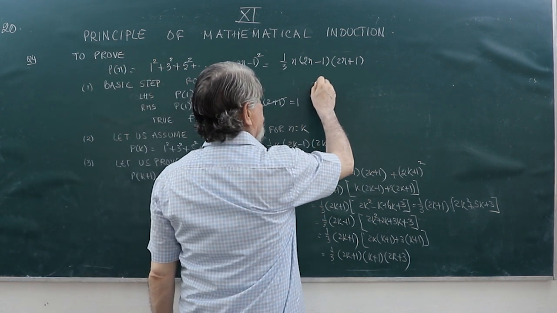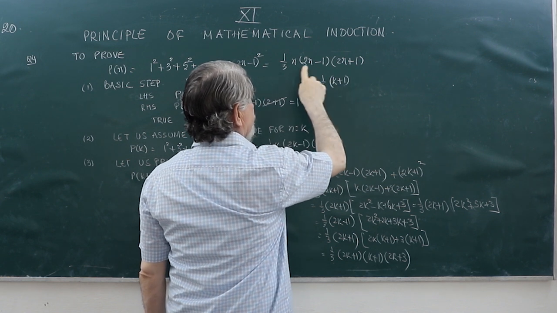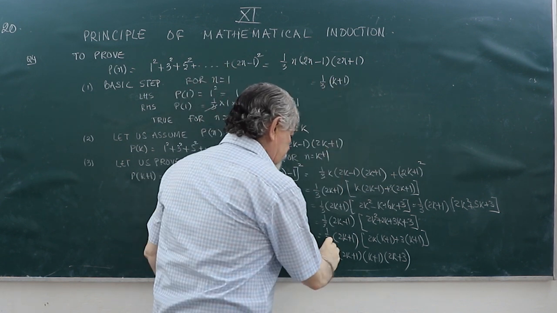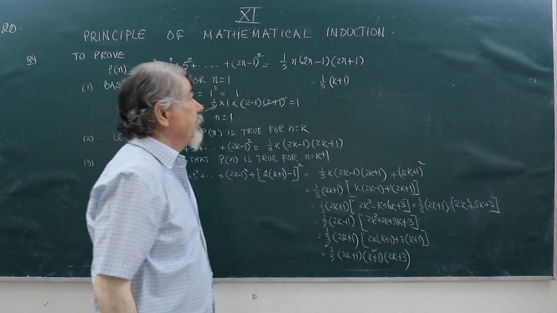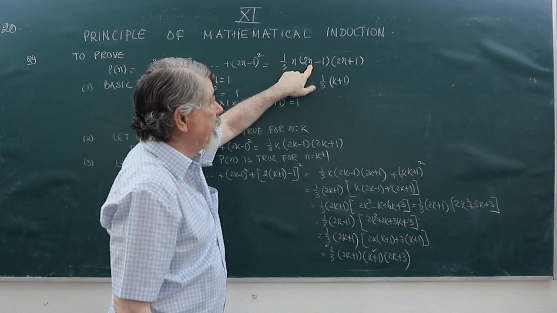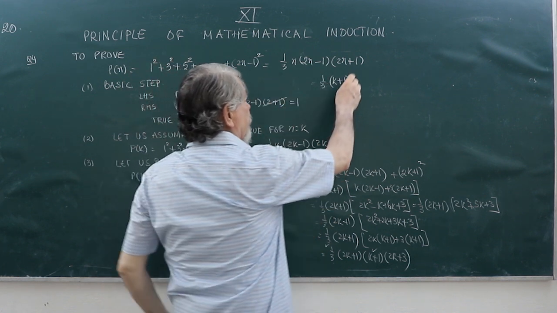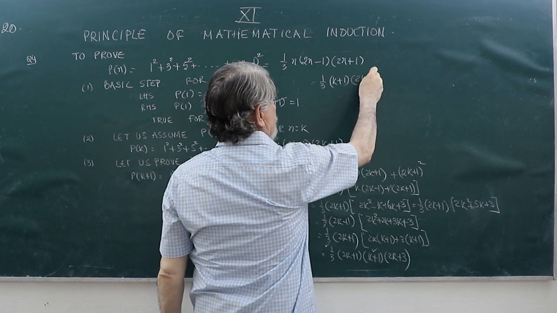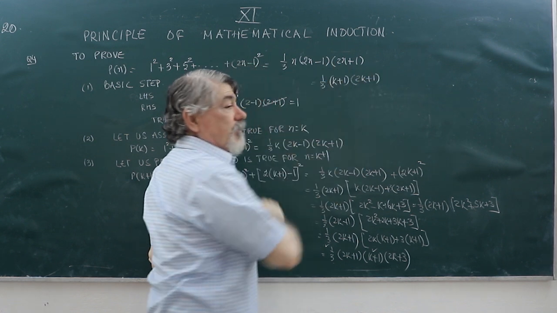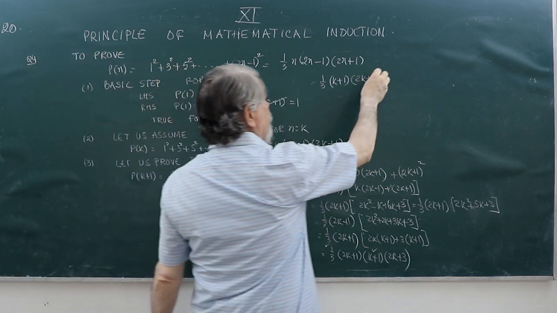So let us put it here. Then n is made out of k plus 1, so I get 1 upon 3, k plus 1. If I replace n with k plus 1, it becomes 2k plus 2 minus 1, so it becomes 2k plus 1. And if I put n is equal to k plus 1, it will be 2k plus 2 plus 1, which is 2k plus 3.